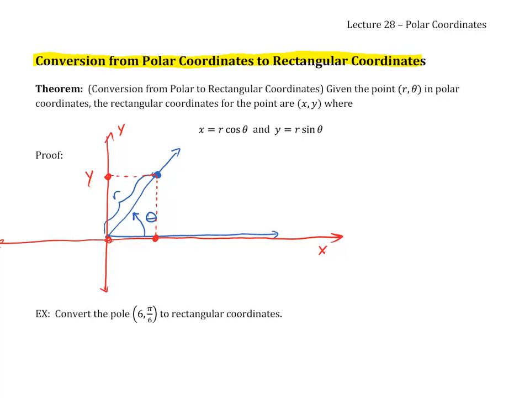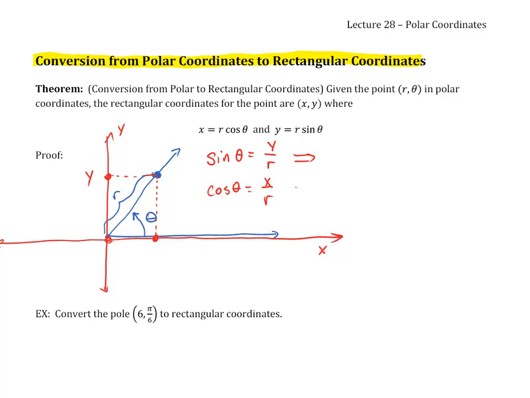Well, the easiest way to think of it is in terms of our definitions of trig functions, our theorem that relates a point on a ray with an angle theta. We know that sine of that theta is the y-coordinate over the radius. We also know that cosine of that theta is the x-coordinate over the radius.